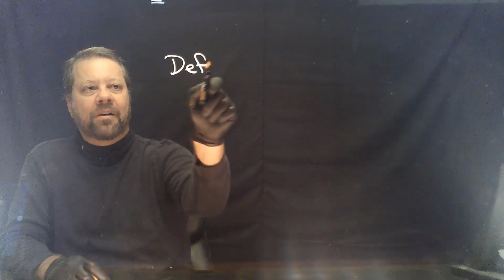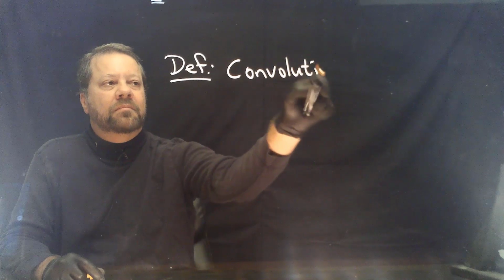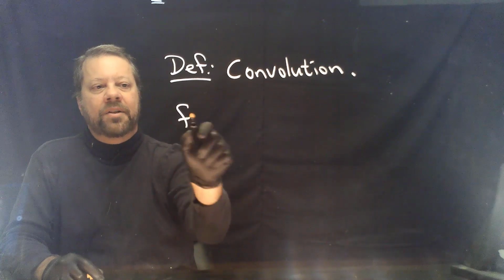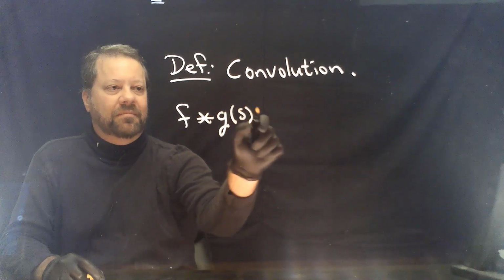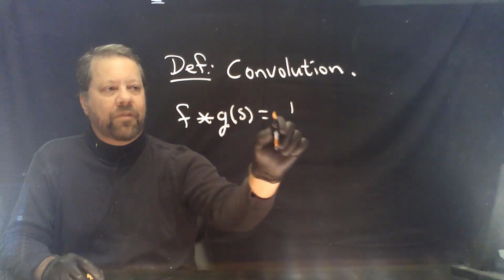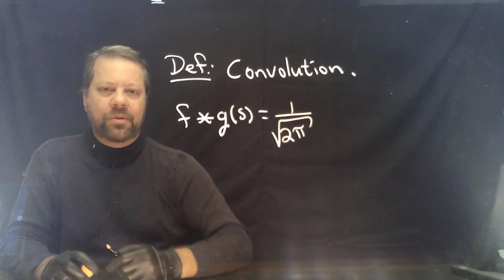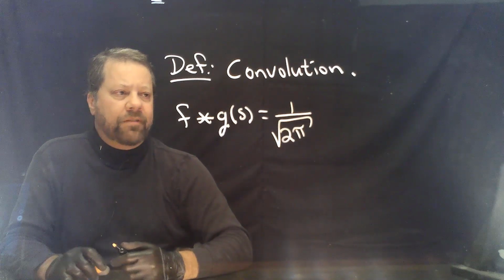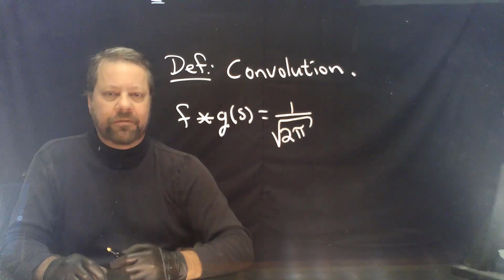You might recall the convolution of two functions from a course on ordinary differential equations. It's denoted by f convolved with g, and for convenience here, which we don't usually do in a course on ordinary differential equations, we're going to put a factor of 1 over the square root of 2 pi out front.